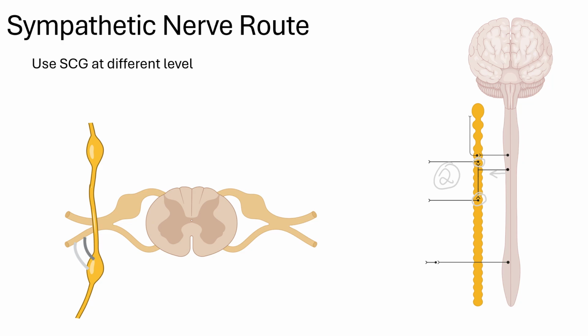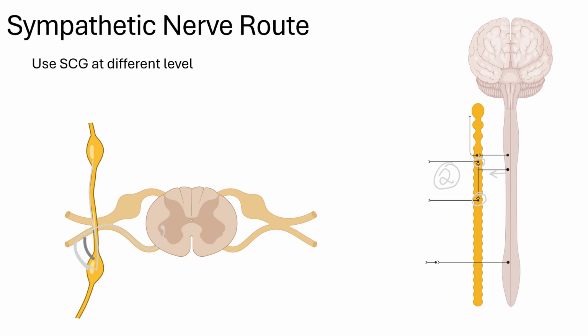The preganglionic fiber originating in the lateral horn leaves the spinal cord by way of the ventral root, the spinal nerve, and then it enters the sympathetic chain ganglia by way of that white communicating ramus. However, instead of synapsing with the postganglionic fiber right here, the preganglionic fiber is going to extend upward.